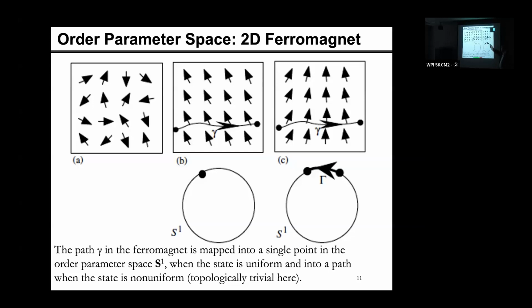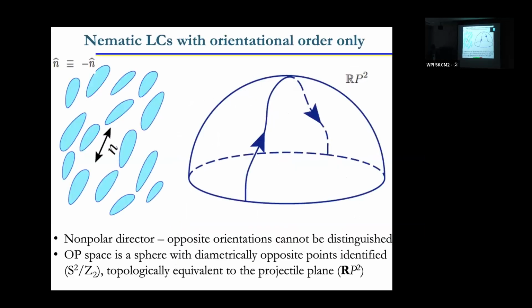But yet, your intuition probably already tells you that this is still homeomorphic to that state because you could smoothly morph one to another. So you do not have topologically distinct field configurations, even though geometrically these two are quite different from each other.